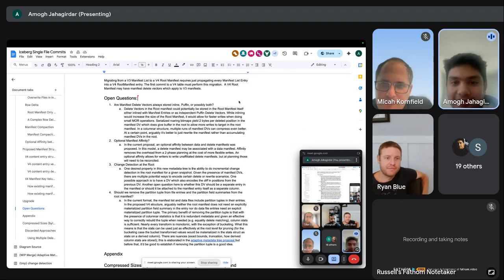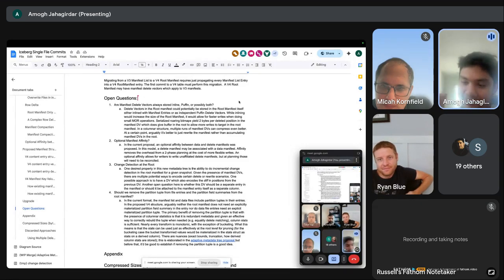So manifest DVs, one of the open questions was inline, puffin, or both. We've done some measuring and benchmarking around how many bytes per delete we expect, and roaring bitmaps take around 2, and there are some data points.